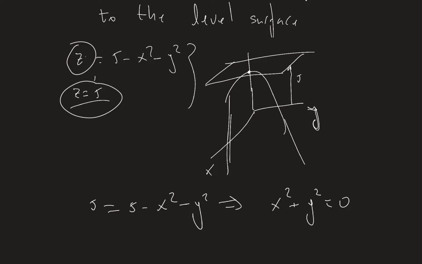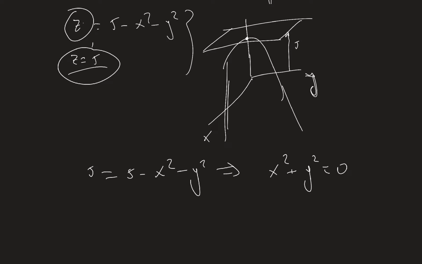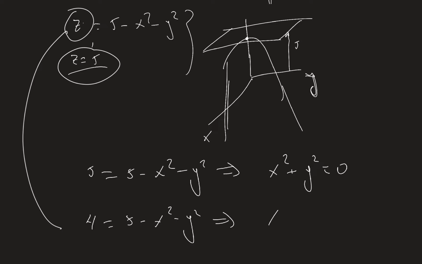At theta equal 5 exists only one point. At theta equal 4, what exists? I will write 4 here: 5 minus x squared minus y squared. It means that x squared plus y squared equals 5 minus 4. 5 minus 4 is 1, you see, because of the minus sign here.